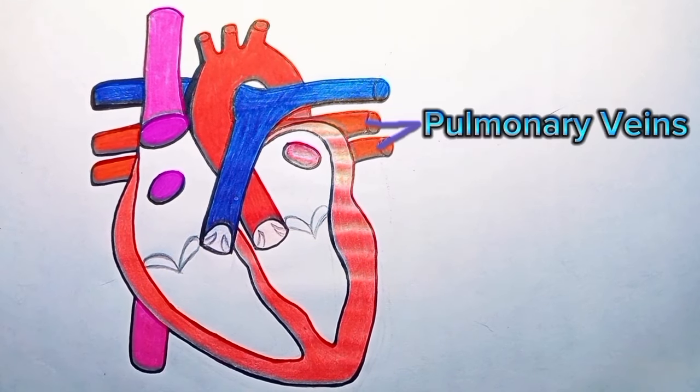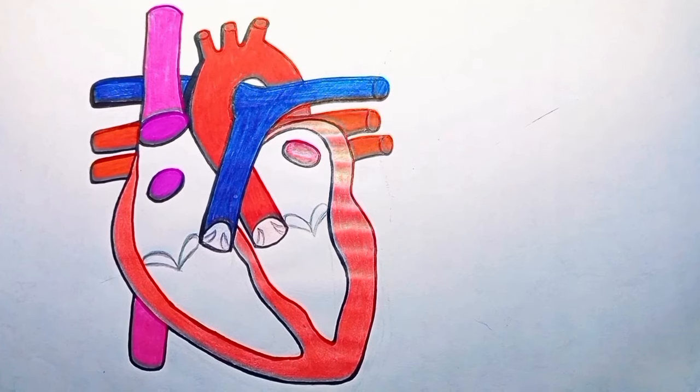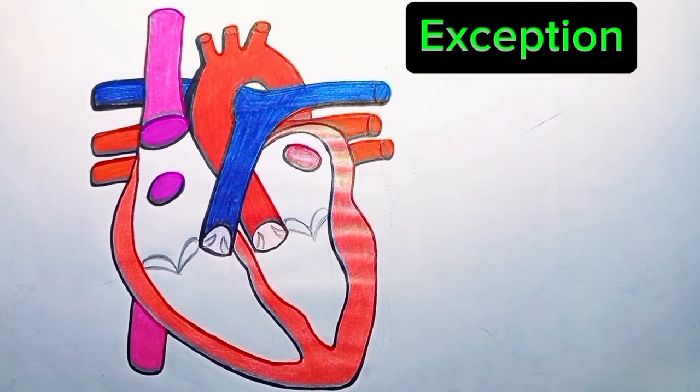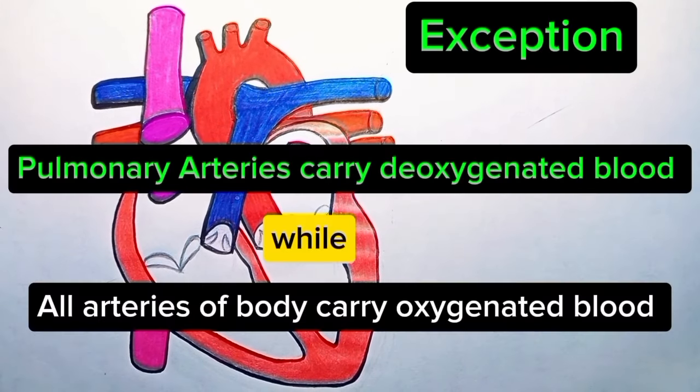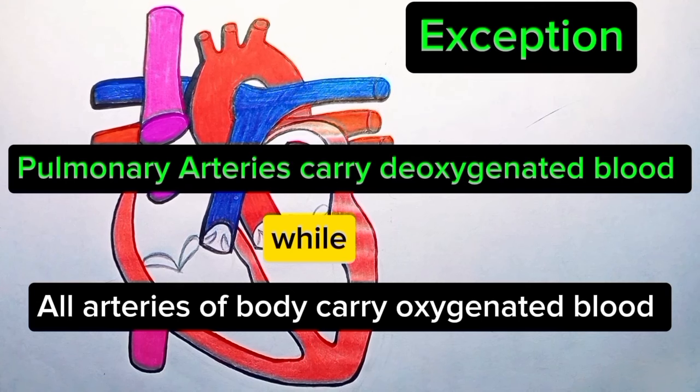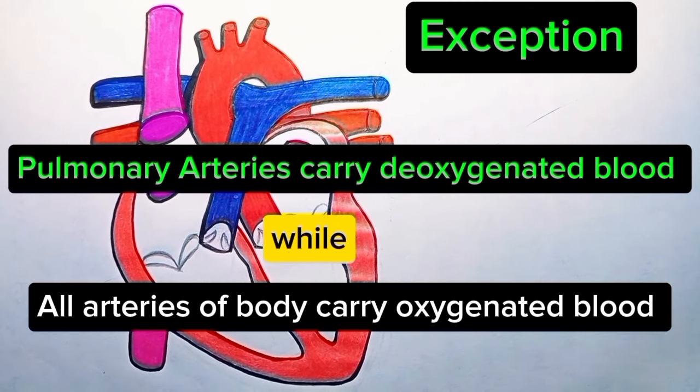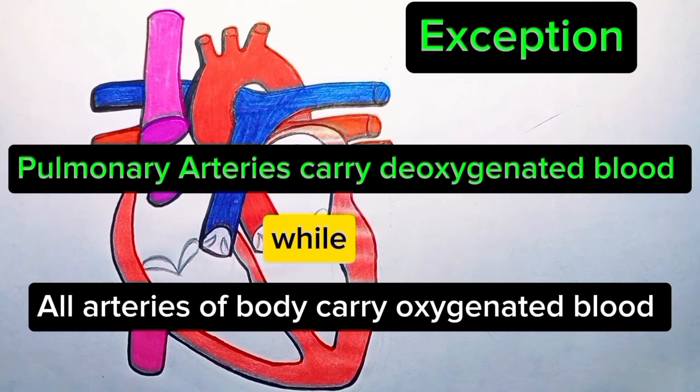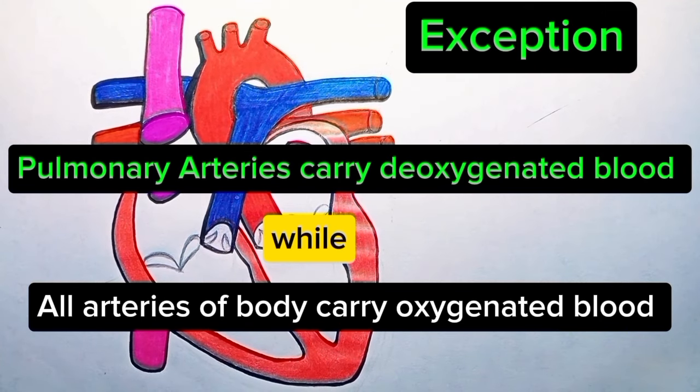These are pulmonary veins. Now there is an exception here. The pulmonary arteries carry deoxygenated blood while all the other arteries in our body carry oxygenated blood.